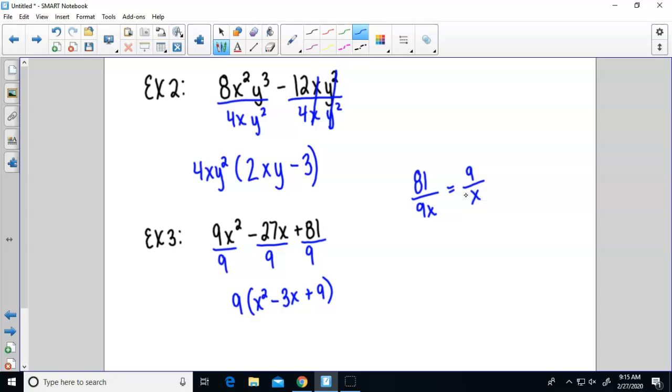You'd have an x in the denominator, and we don't want an x in the denominator. That creates a fraction. So if you have a constant term, the one that does not have an x with it, then you can't take any variables out. Only numbers will come out if you do that.